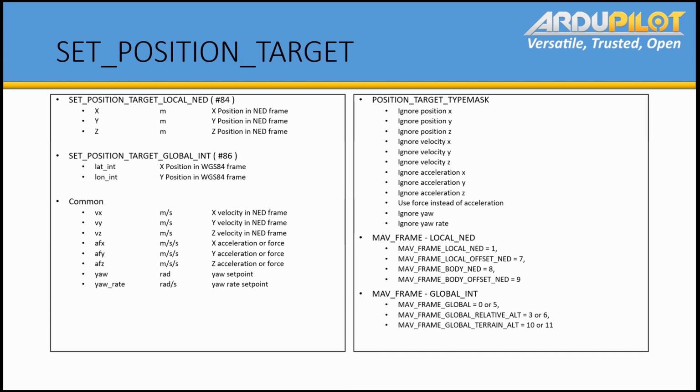Basically, you can't ignore the middle ones, right? But you can do a position, velocity, acceleration, an acceleration only, a position only, a velocity only, but you can't do position and acceleration with no velocity, right?